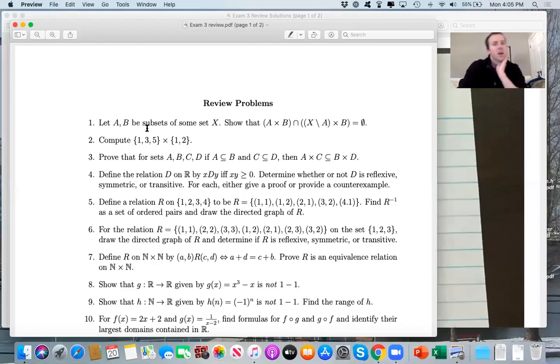Given some sets A and B, we want to show that (A × B) ∩ ((X − A) × B) is empty. What this set is really saying is, I want to talk about the things that aren't in A. And to do that, we need to have some idea of what is outside of A.